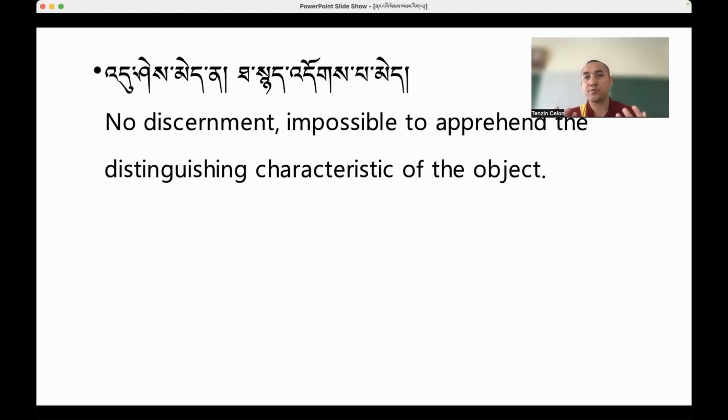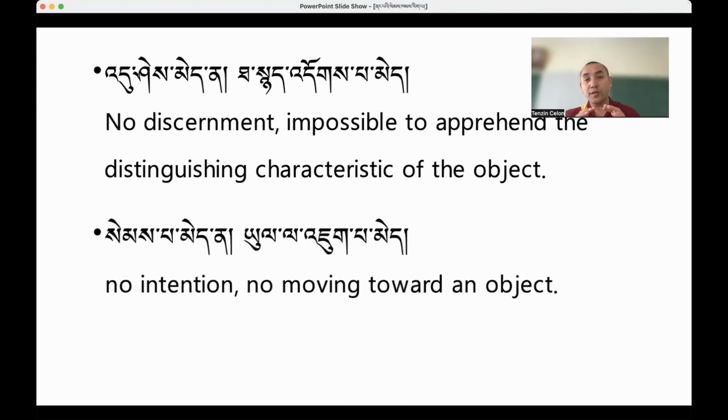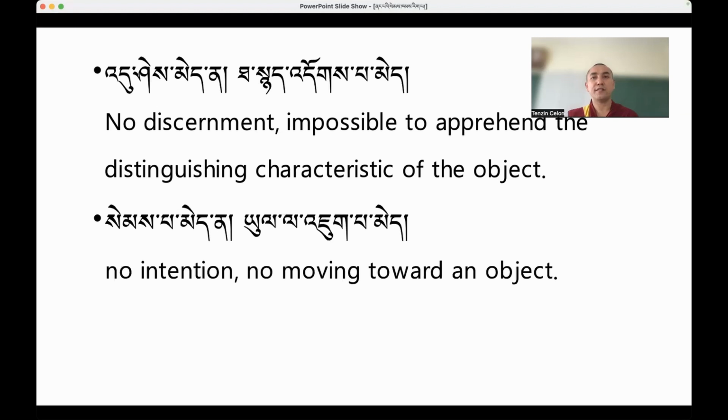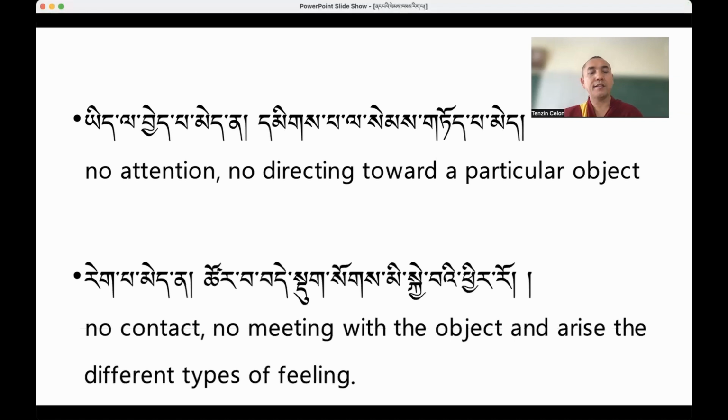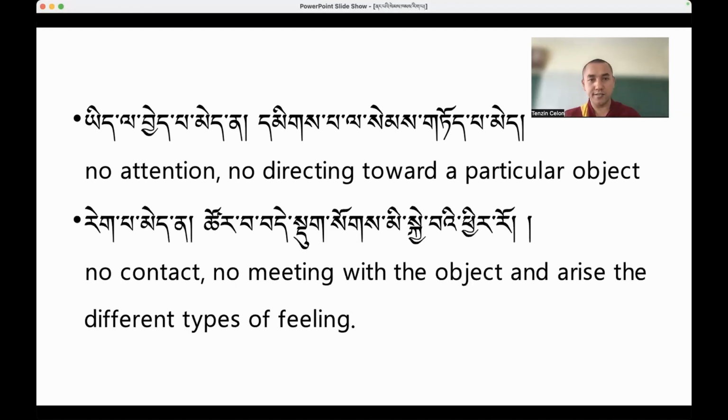If there is no intention, there would be no moving towards an object. If there is no attention, there would be no directing towards a particular object. And if there is no contact, there would be no meeting with the objects, and different types of feelings could not arise.